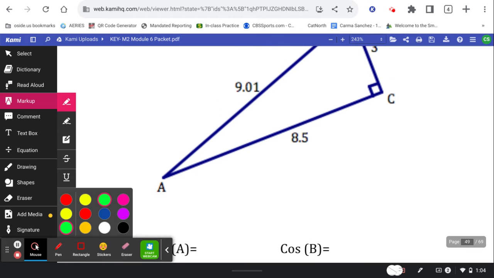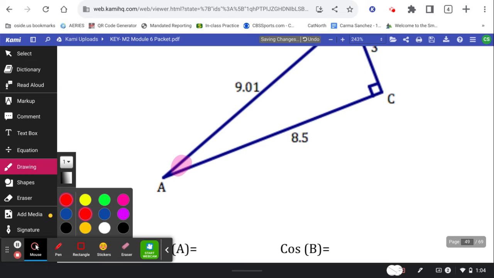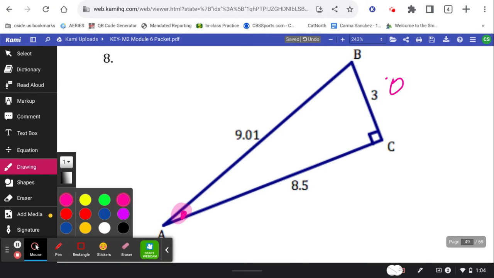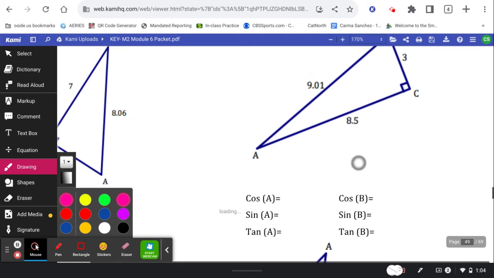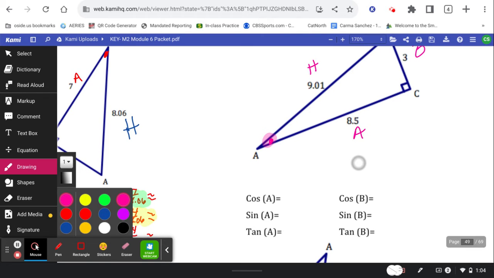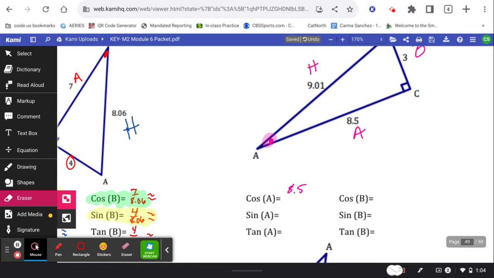First, we're going to be standing at reference angle A. That makes this my opposite, and this my adjacent, and this is my hypotenuse. Cosine of A is going to be 8.5, the adjacent over the hypotenuse.